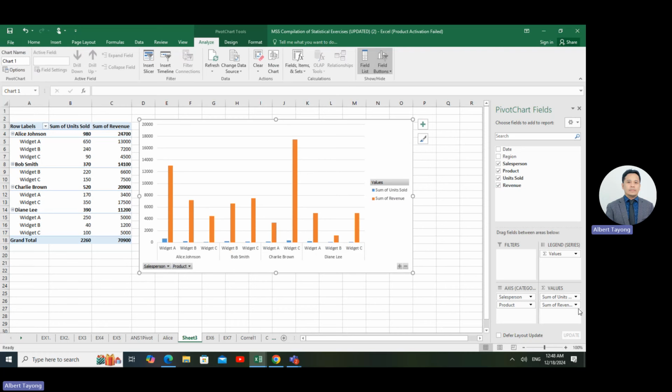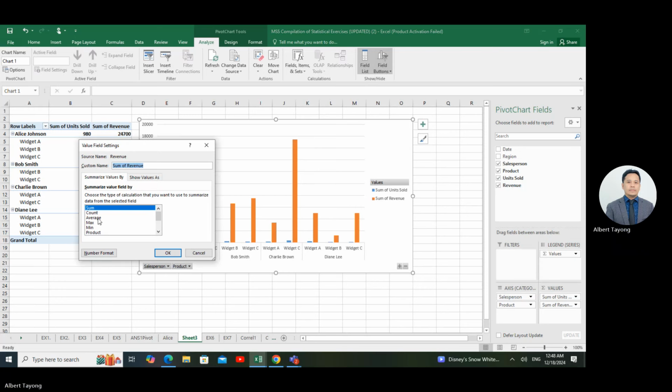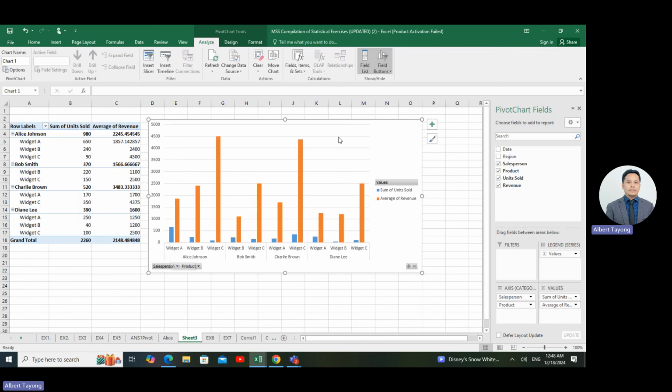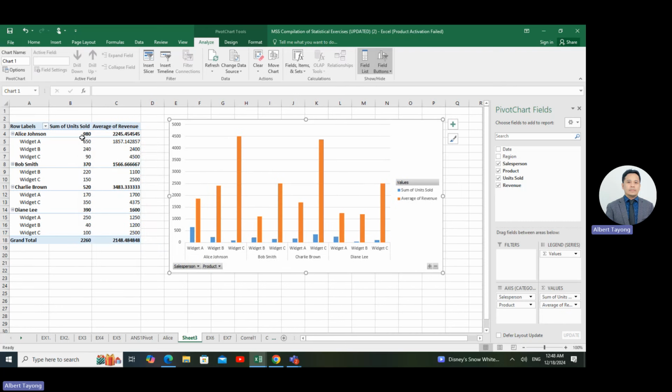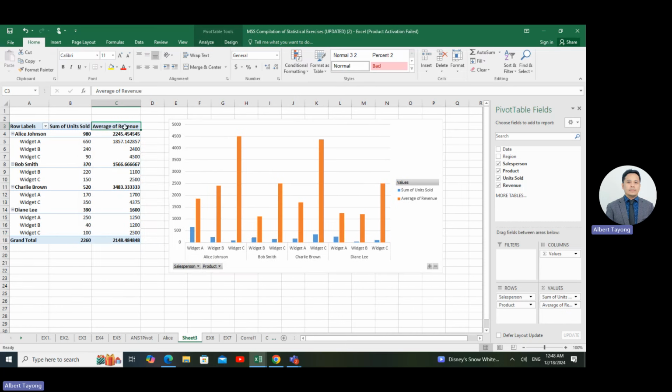Now we need to change our revenue to mean or average. So we have to open the drop down arrow here, go to value field settings, change the sum to the mean or the average and click OK. So now you can see here that we have average revenue.